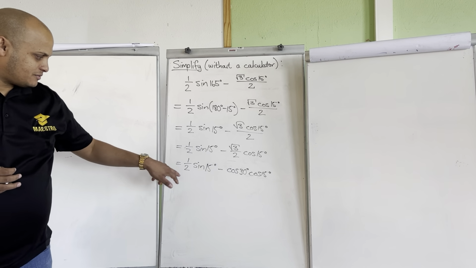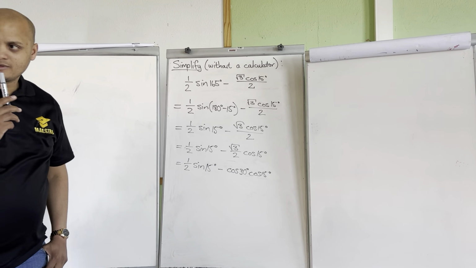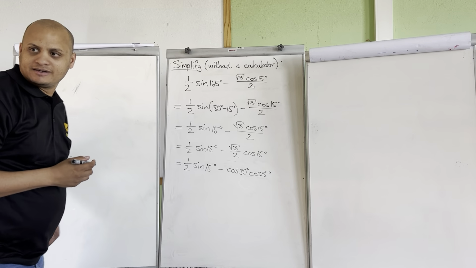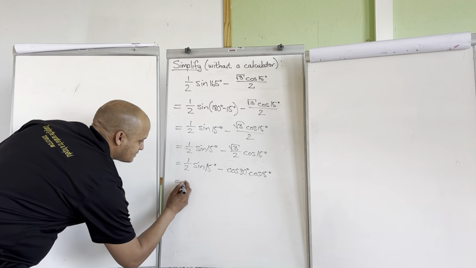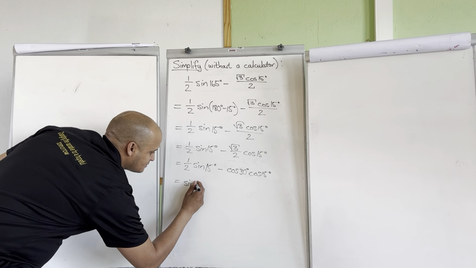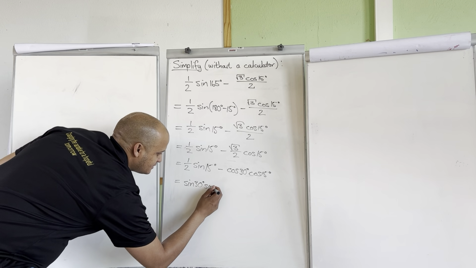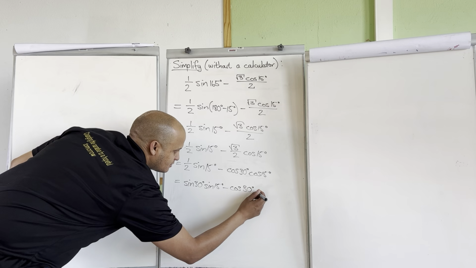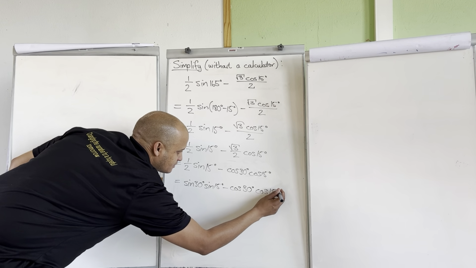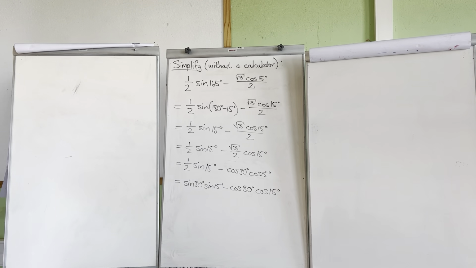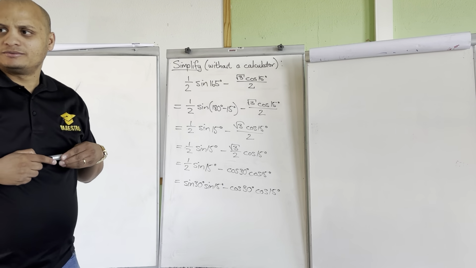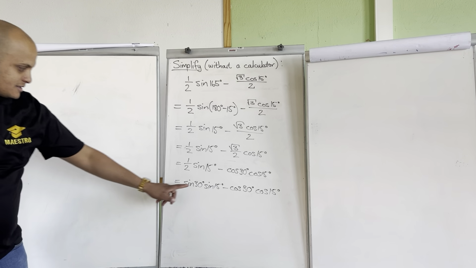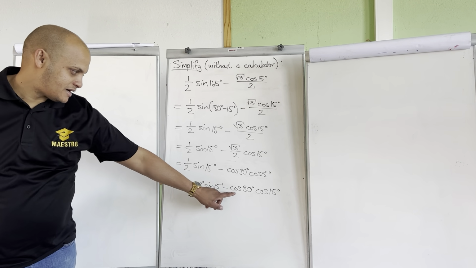And we know that is sine of 30. Sine 30 and sine 15 minus cos 30 and cos 15. So what does this look like now? It looks like a compound angle.